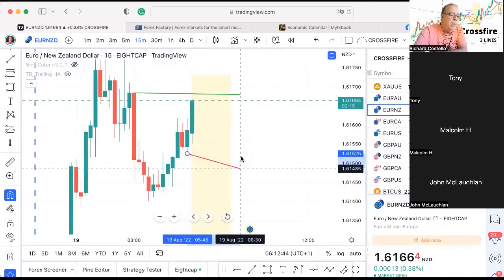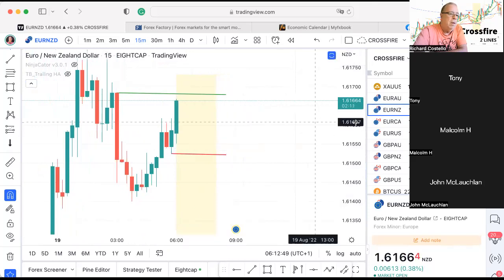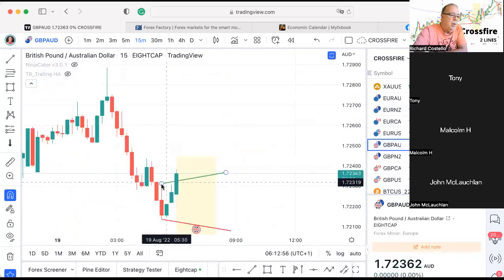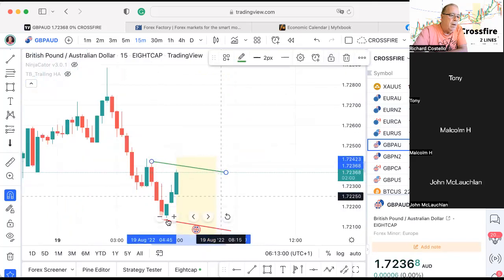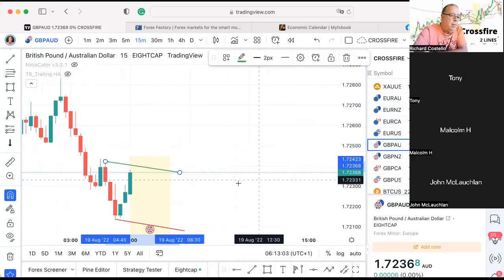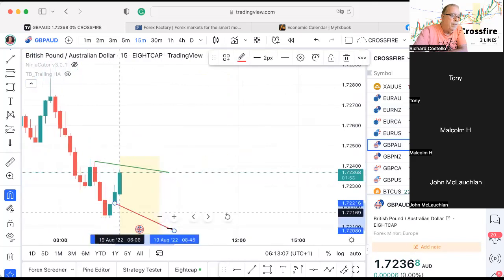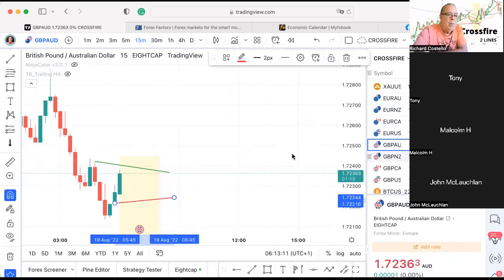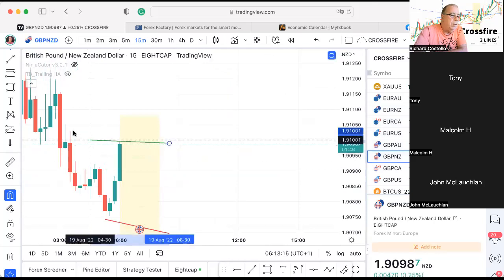We can't put them in place until this 6 o'clock candle closes. So I'm just going to go through the other couple of pairs. So that one's moved since I set this up. So we just go up there, and we'll move that one to there. And we need to move that one. That's going up there.